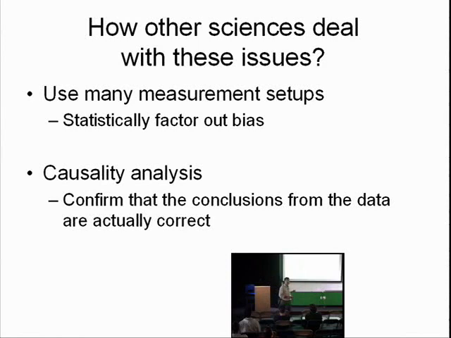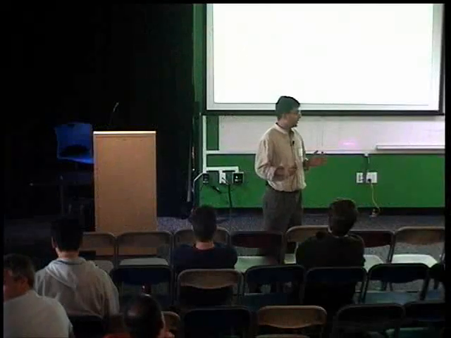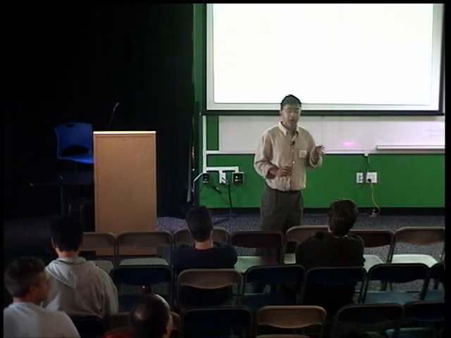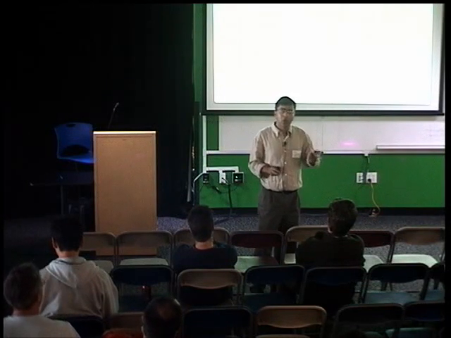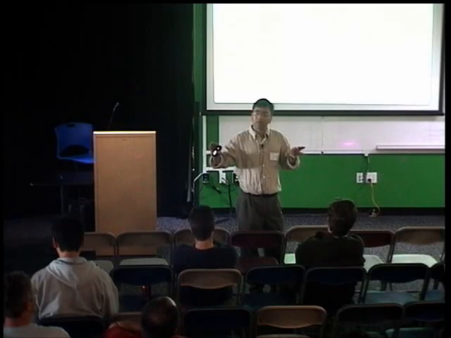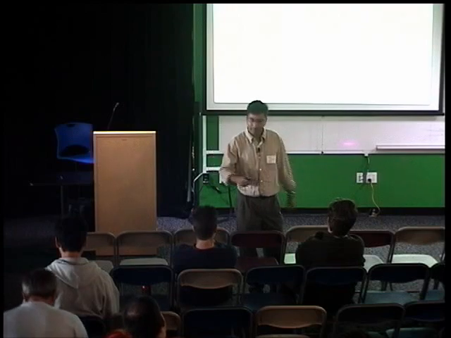The main idea behind causality analysis is that you're not trying to get correct data. As a matter of fact, you recognize that correct data is impossible to get in general. But what you are trying to do is to determine if the conclusions you have drawn from the data are correct, even if the data itself may be tainted.